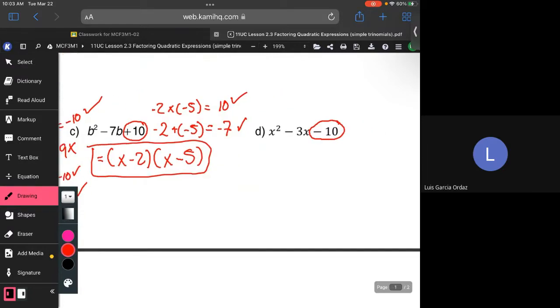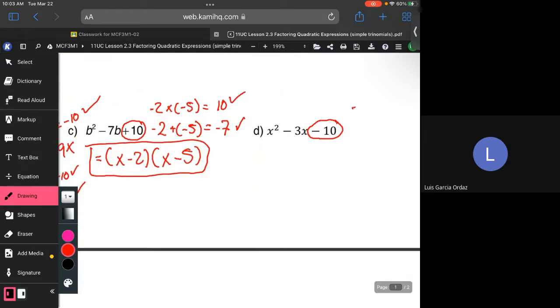Yep, negative 5 times 2 gives me negative 10. Now let's see if those same numbers add up to give me negative 3. So negative 5 plus 2, what does that give me? Negative 3. So my brackets are going to be x minus 5, x plus 2.